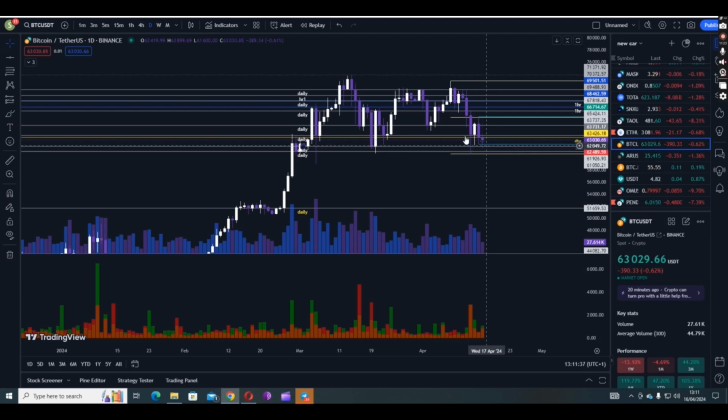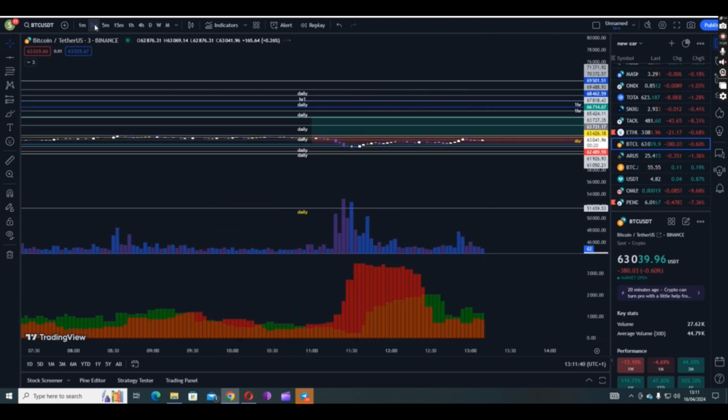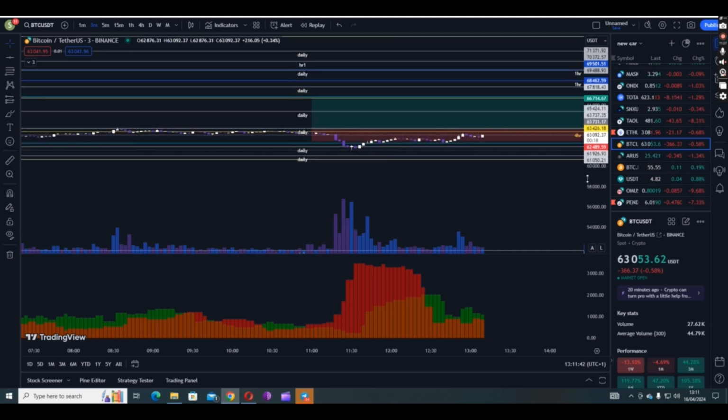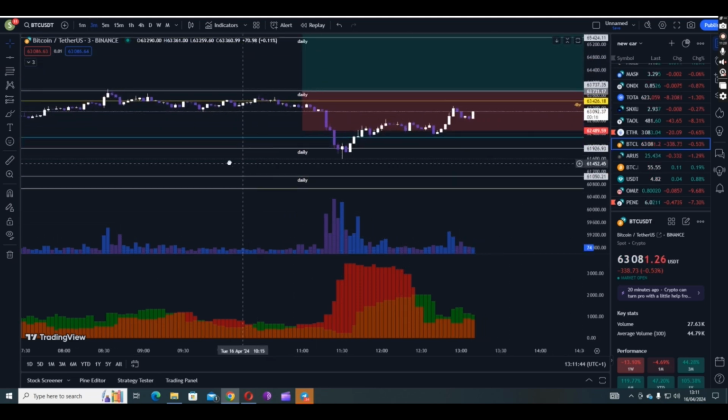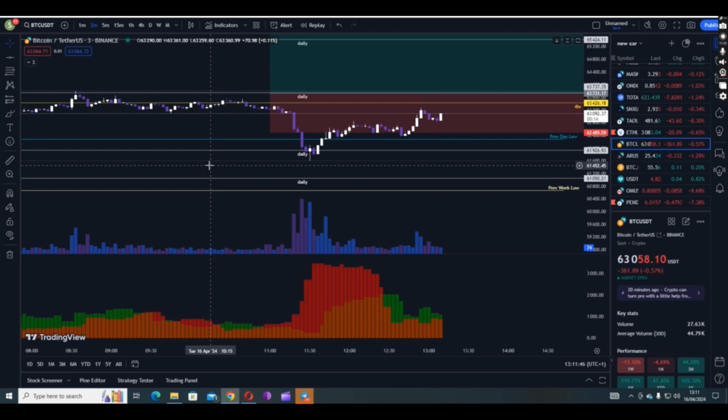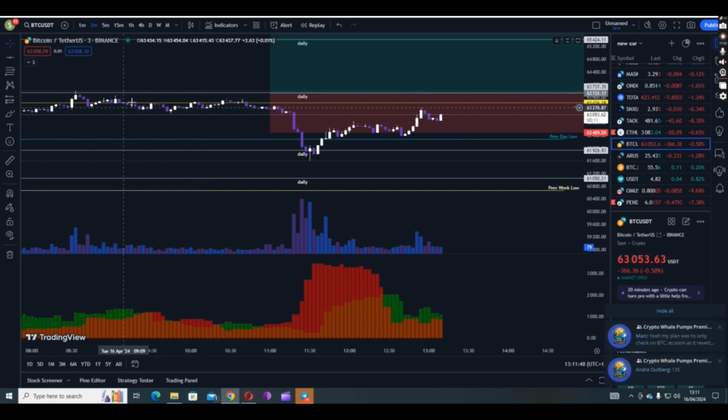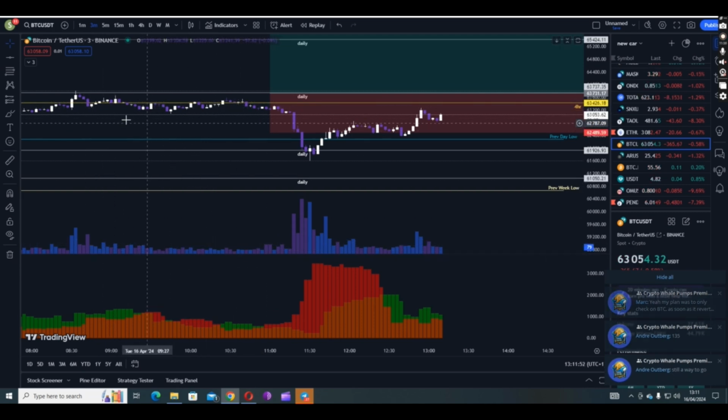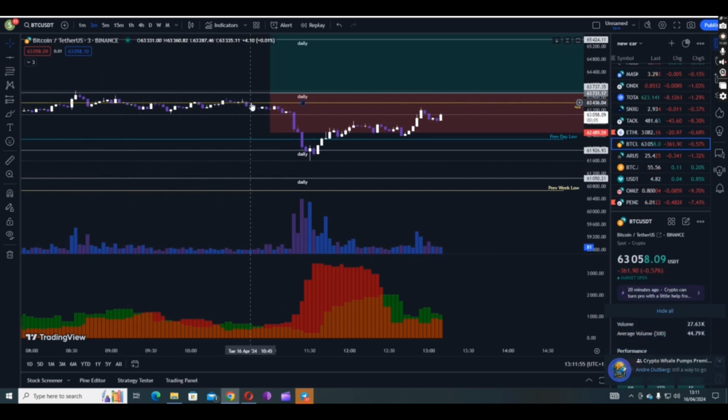Such a simple trade. And then there was a trade I was looking at earlier today. So we're on the 3-minute chart. I've got all my levels marked out. I posted in the group that I was looking at this area here where we've not got a lot of volume, but we're just going sideways.